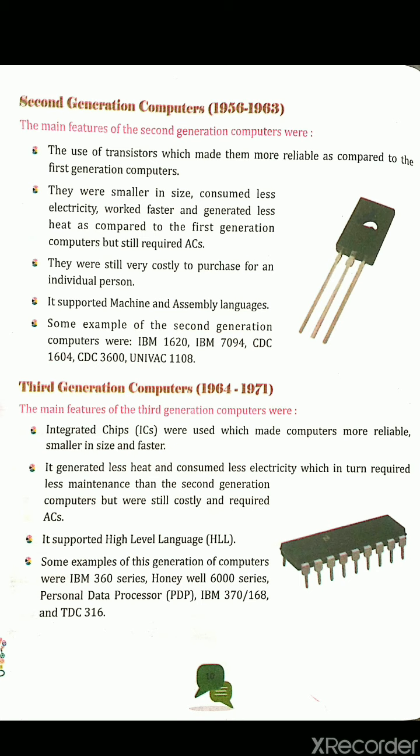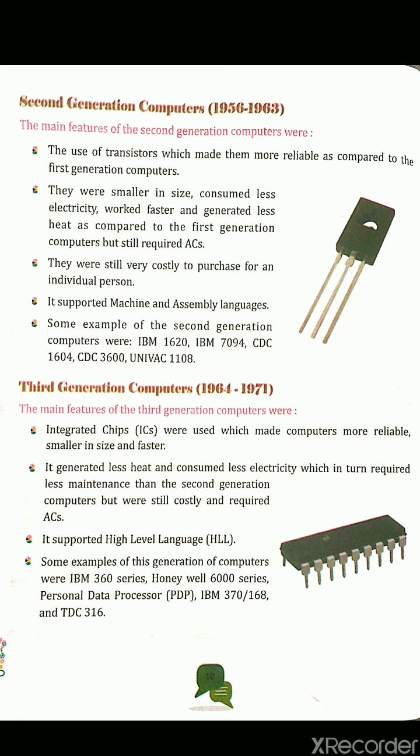They were more reliable, smaller in size, consumed less electricity, worked faster, and generated less heat as compared to the first generation computers. But still, they were kept in ACs or required ACs. They were very costly.